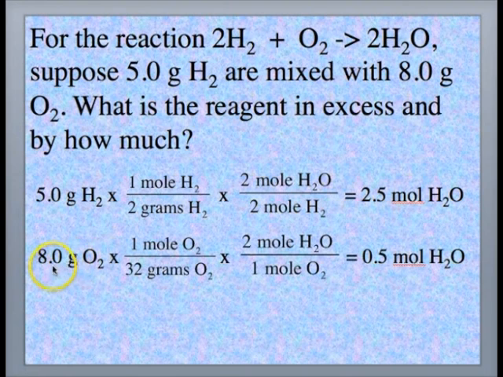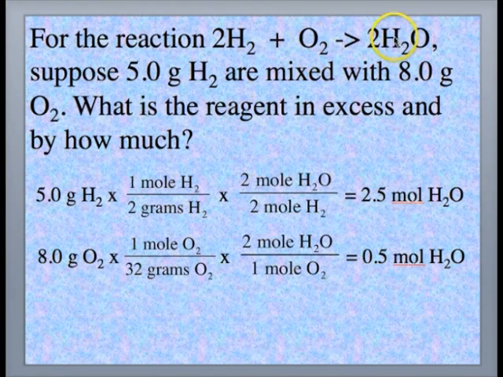For the oxygen we have 8 grams of oxygen. The molar mass is 32 grams per mole. We invert that so grams of oxygen will cancel out and leave us with moles. And then we use the 1 to 2 relationship. 1 mole of oxygen from the balanced equation yields 2 moles of water.